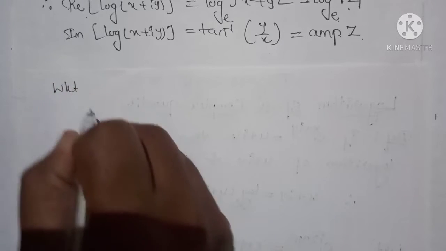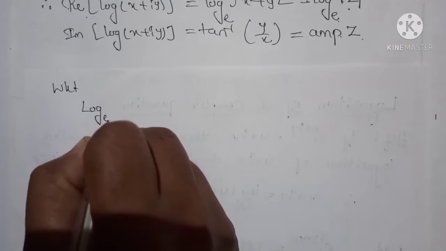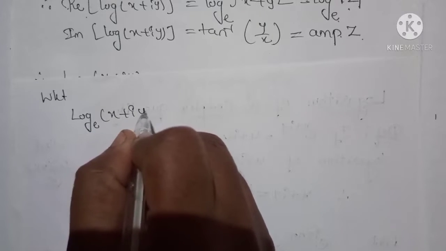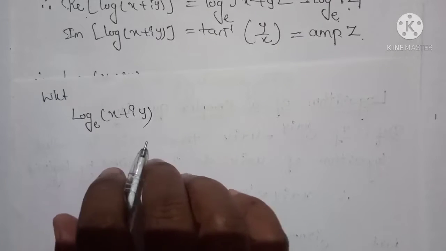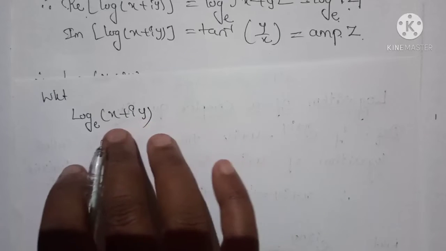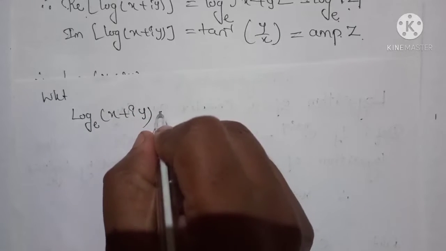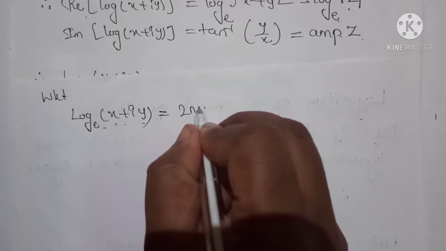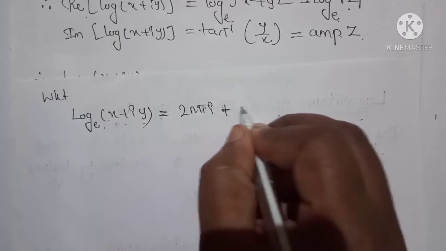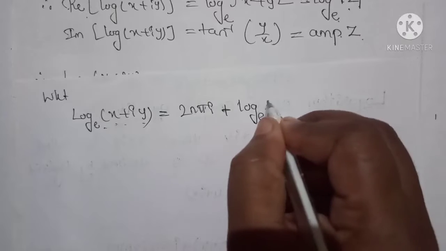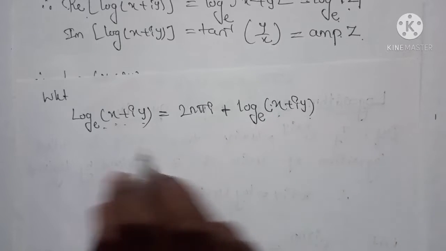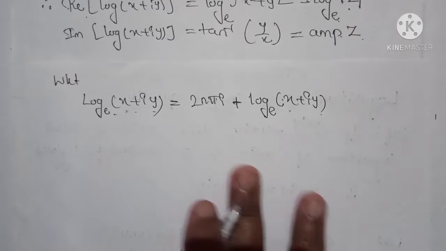We know that log of x plus iy, there I have used u plus iv, but here we are representing it by x plus iy, so it is log of x plus iy equals 2n pi i plus log of x plus iy. So this is the general value.